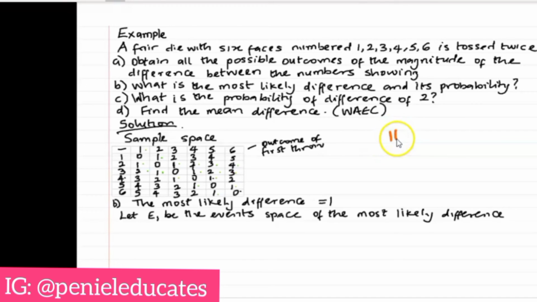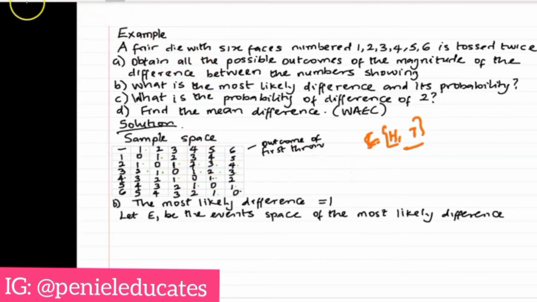That could be an event that head will occur, or that tail will occur. This particular one of a toss of a coin, head, tail, is a sample space. Okay, now let's look at this example.